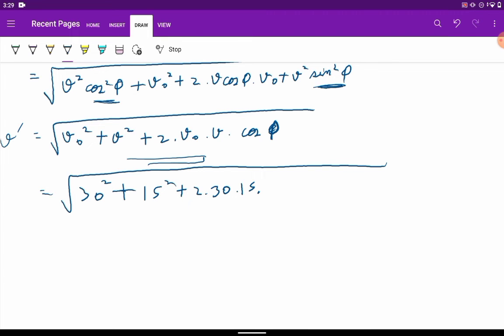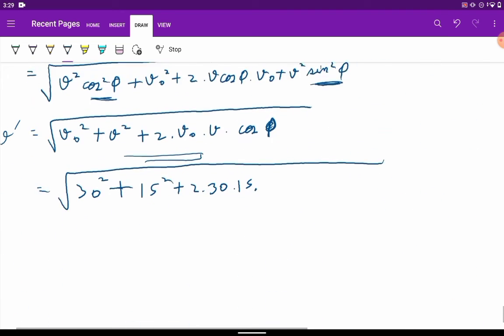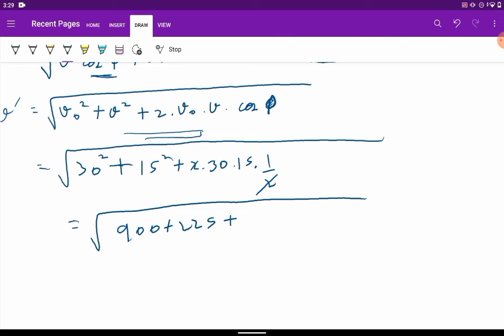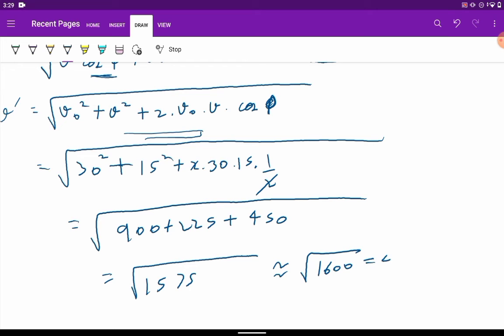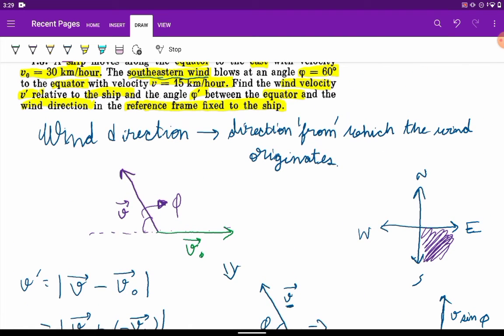Cos phi is cos 60 degrees, and as we know cos 60 is half, so the 2 cancels out. This becomes 900 plus 225 plus 450, which is 1575, and the square root is approximately 40 kilometers an hour. This is also given in the Irodov answers.